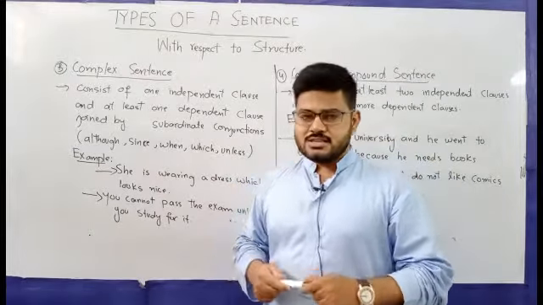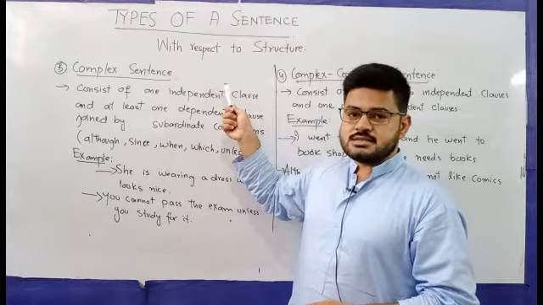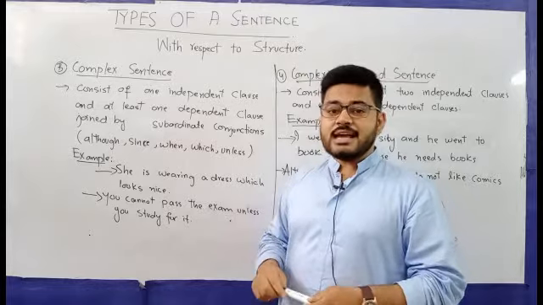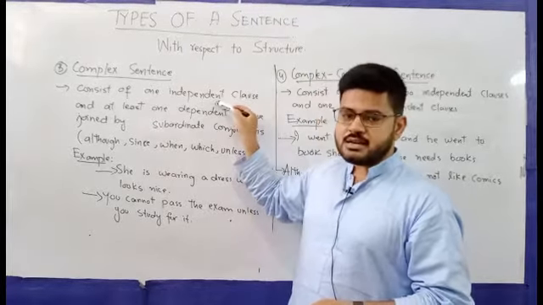Now there are two terms, independent clause and dependent clause. An independent clause makes a complete sense or thought, but a dependent clause depends on that clause. It does not make a complete thought or sense, as it depends on the independent clause.